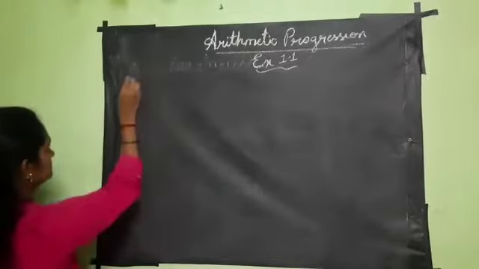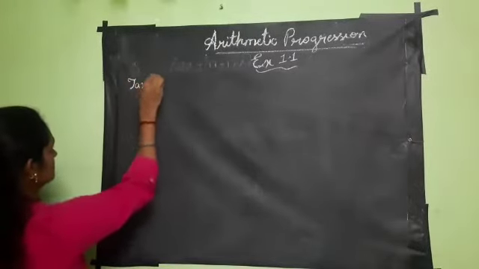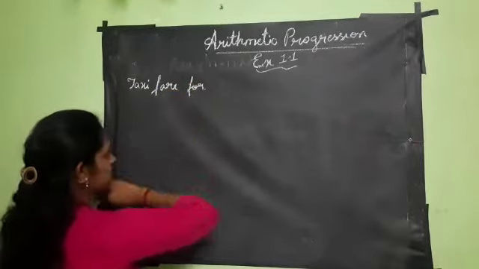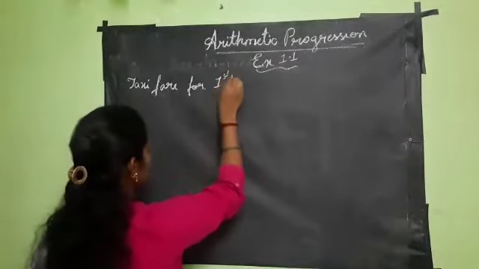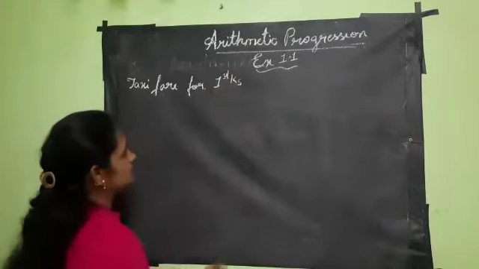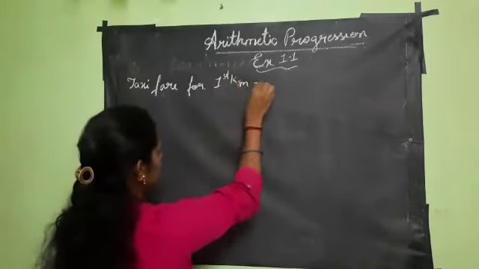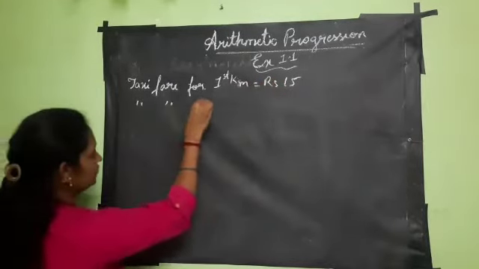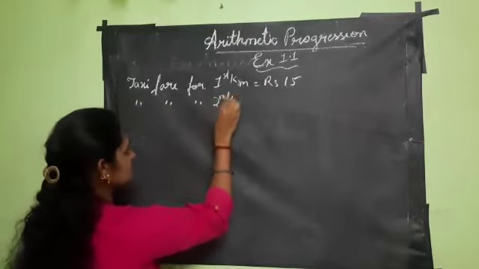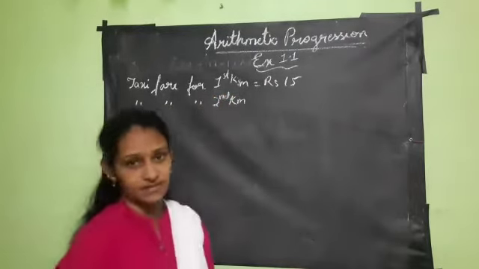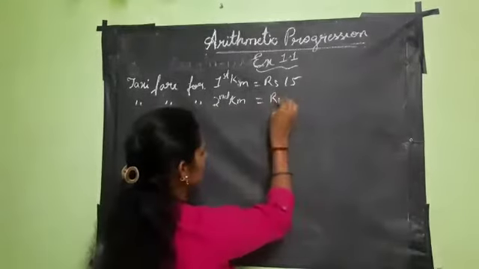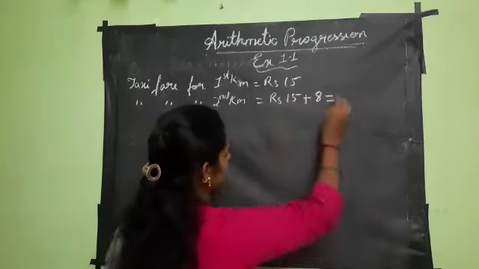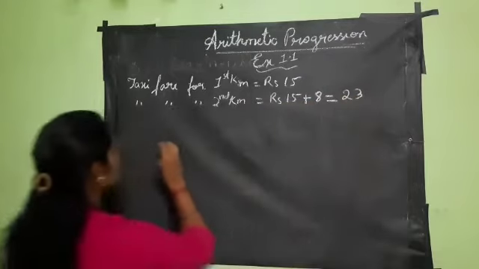So taxi fare for first kilometer is equal to rupees 15. Taxi fare for second kilometer is addition of 8 rupees. So taxi fare for second kilometer will be rupees 15 plus 8, 23.